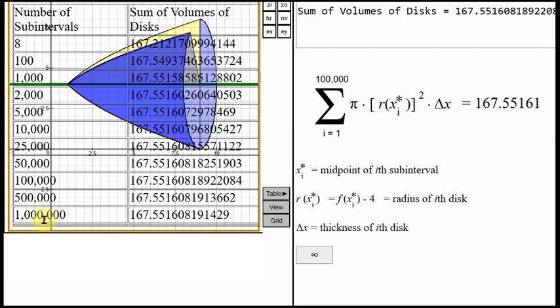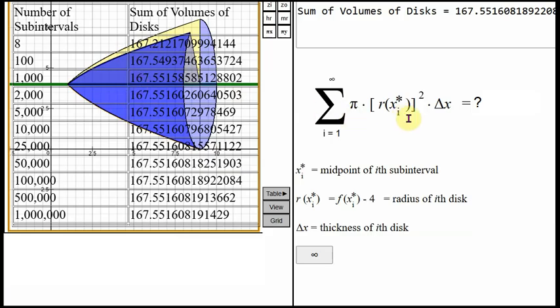And then here's a million slices, with its corresponding volume. And eventually what we want to do is divide the solid into an infinite number of slices, meaning let n, the number of sub-intervals, approach infinity. And then that will give us the exact volume for this solid right here.